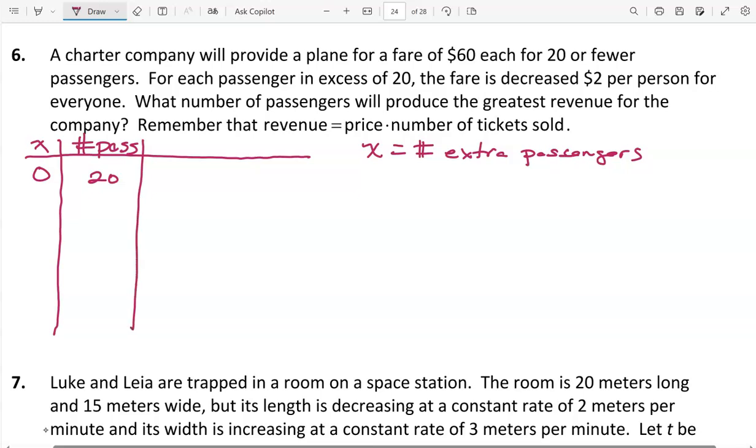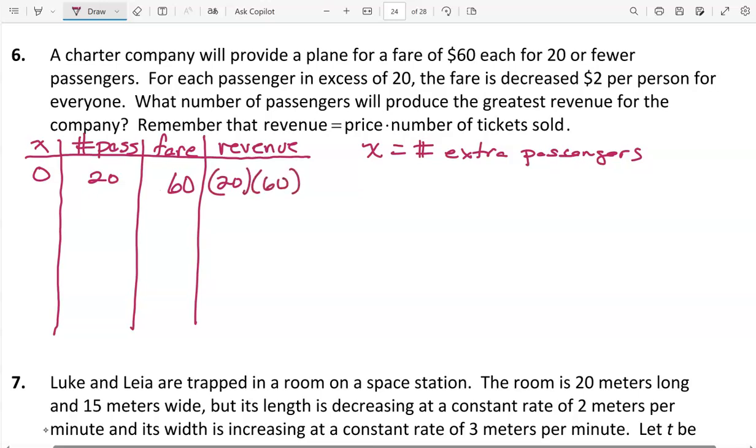And then we are also looking at their fare, or how much the ticket costs. For 20 or fewer passengers, it's going to cost $60 per person. I'm going to take the dollar sign off of that so that doesn't get in our way. In that case, our revenue would be the number of passengers times the fare, or the total amount of money that they collected.